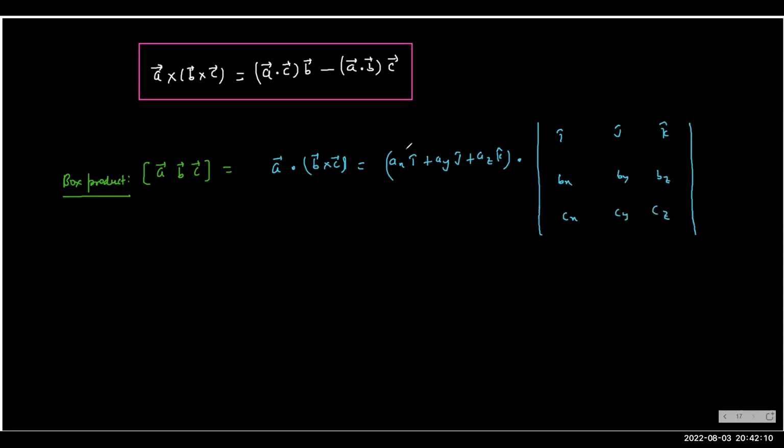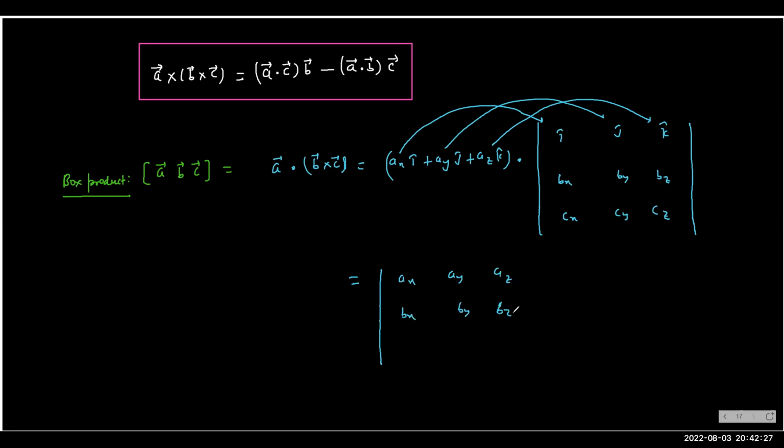And when you take a dot, I goes with I, J with J, and K with K. And interestingly, this will become actually AX AY AZ, BX BY BZ and CX CY CZ.